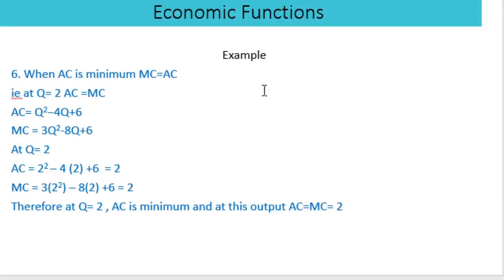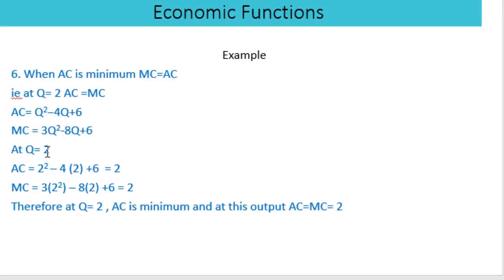Then the third one is, when AC is minimum, MC equal to AC. At q equal to 2, AC must be equal to MC. That is, AC equal to q square minus 4q plus 6. This is the AC function that we derived, and the MC function is 3q square minus 8q plus 6.